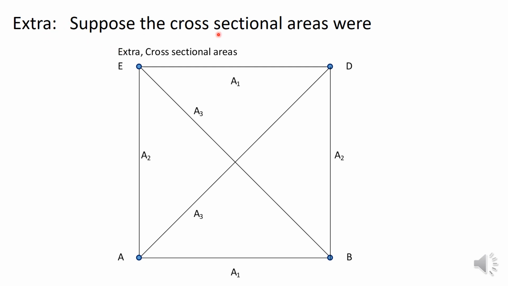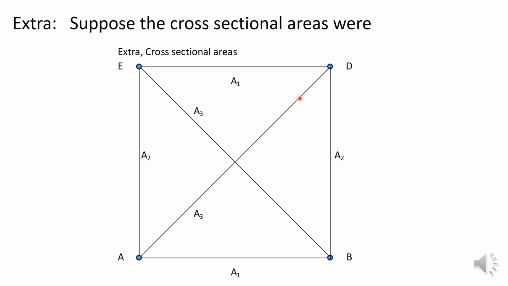So let's suppose the cross-sectional areas were these. You had equal areas at the top and bottom, A1, A1, equal areas on the left and right sides, A2, and equal areas on the diagonal, A3 on each diagonal.